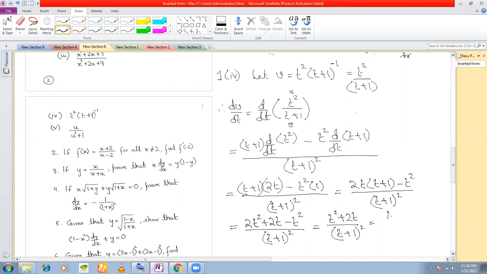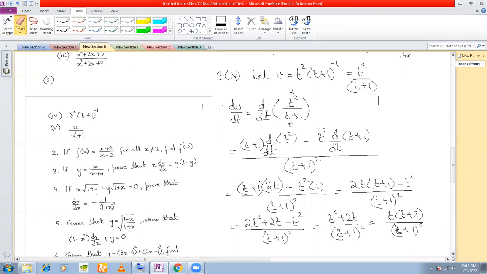Now you can take t out and write this as t into t plus 2 by t plus 1. And that is what your differentiation is. You have a square, right? Oh, yeah, fine. I forgot to write the square. You had a square in the denominator. You can write this as t into t plus 2 divided by t plus 1 square. Okay? So that should be it.